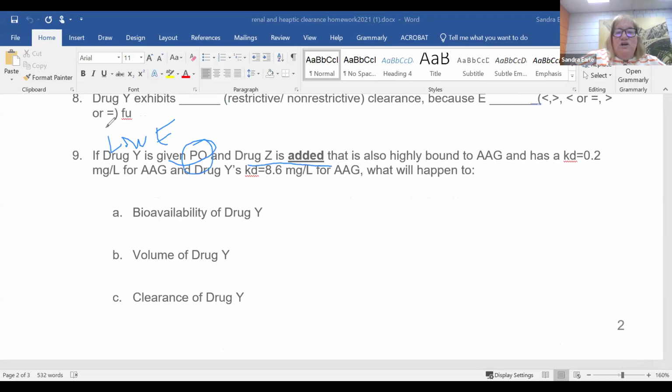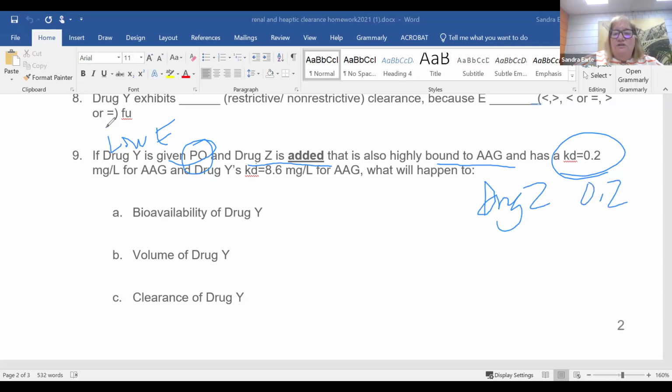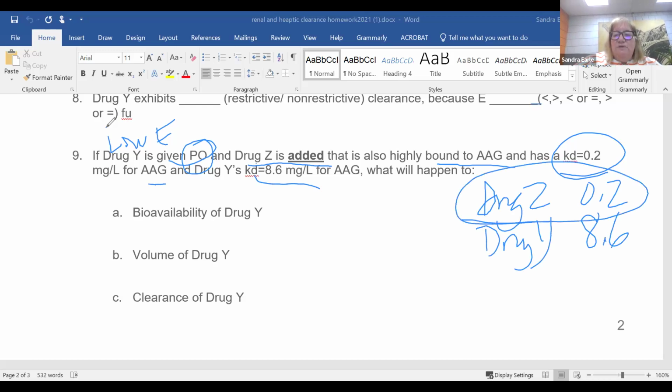Drug Z is added that's also highly bound to AAG and has a KD of 0.2 milligrams per liter for AAG, and drug Y has a KD of 8.6. So drug Z is going to be preferred to be bound to the AAG. So what's going to happen to our drug Y?